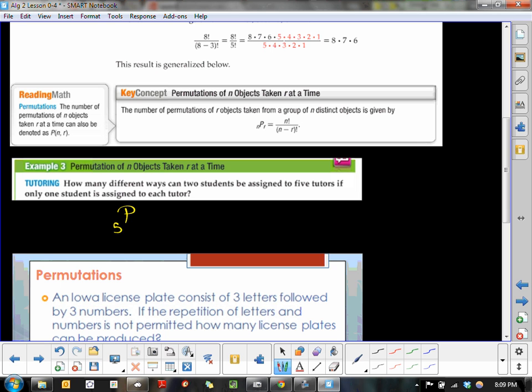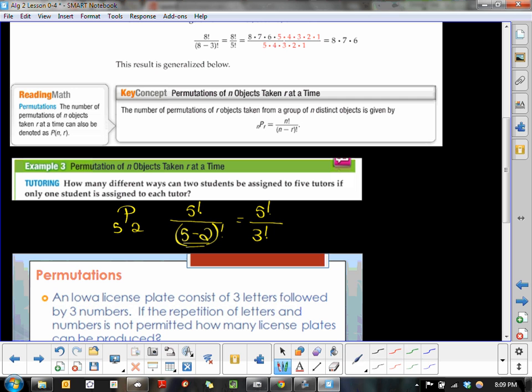We have 5 tutors to spread among 2 students. So it's a permutation of the 5 tutors, we have to assign them 2 students. So we would have 5 factorial all over 5 minus 2 factorial, which is 5 factorial all over 3 factorial.